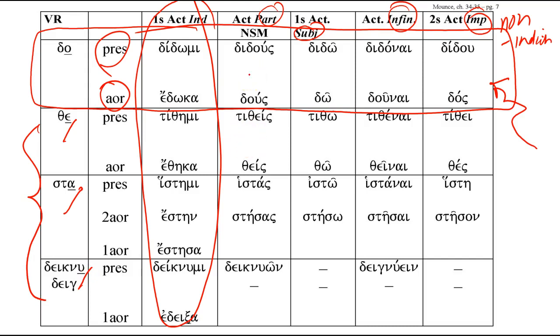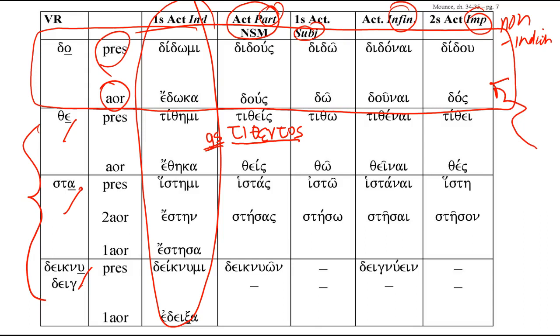And the only thing that will help you with is, remember that while I listed the active participle nominative singular masculine form, really to get all the participle forms, you just simply have to remember the genitive form. The genitive singular form is the base by which you can get all the other participles. So if you know that tithentos is the genitive singular form for tithemi, you can do any participle from that starting point.